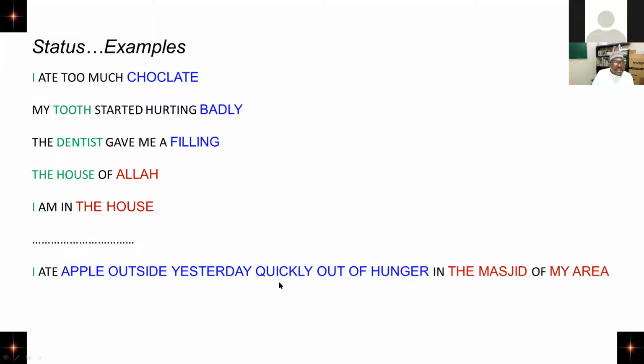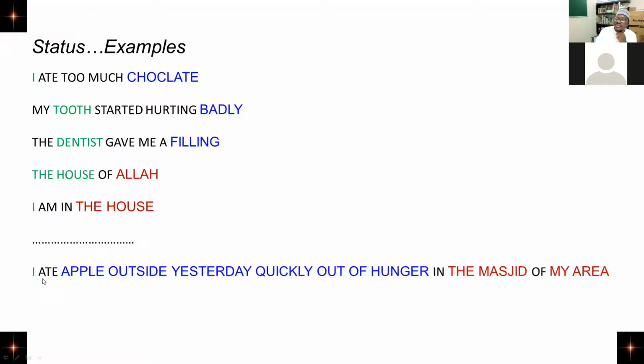MashaAllah. So the whole of this statement, the apple I ate outside yesterday quickly out of hunger, is bunched into the bucket of nasb. It is related to that apple that I ate outside. Quickly describes the way I do the eating, right?